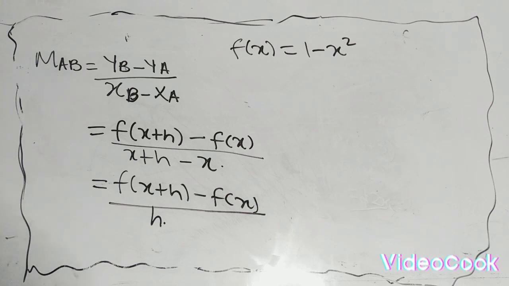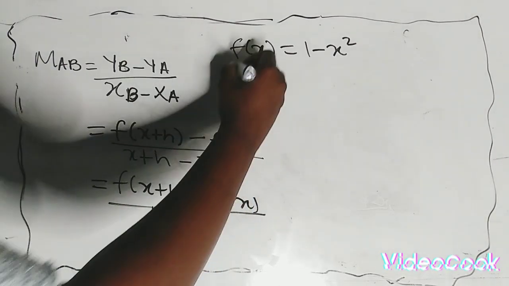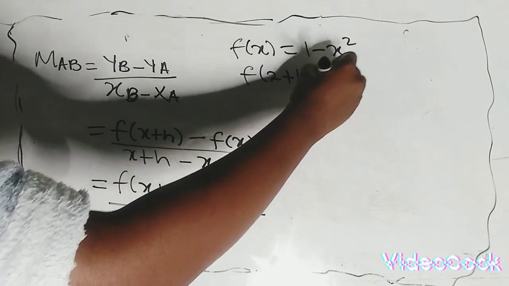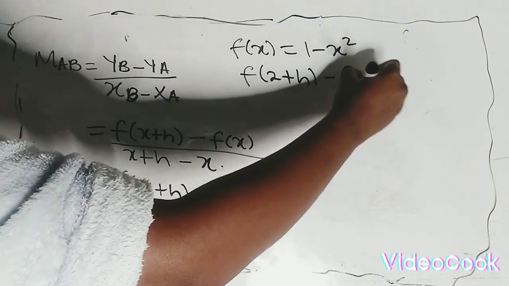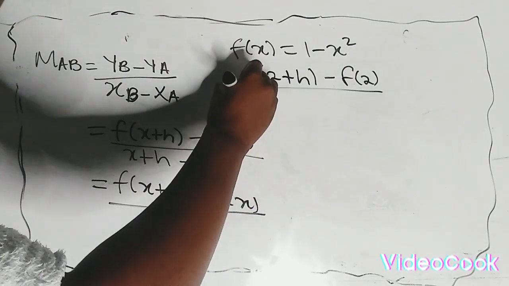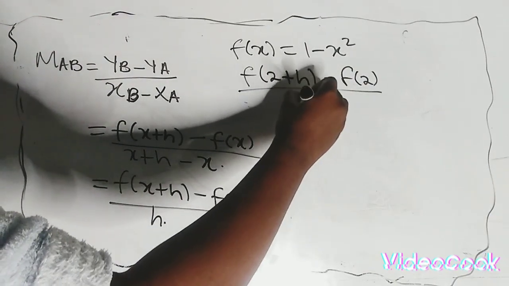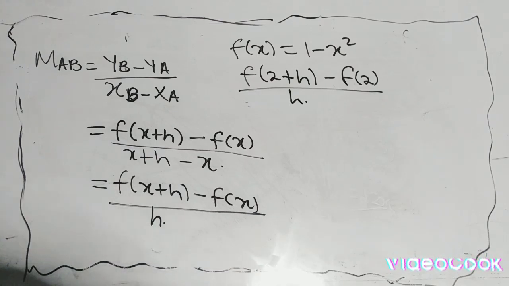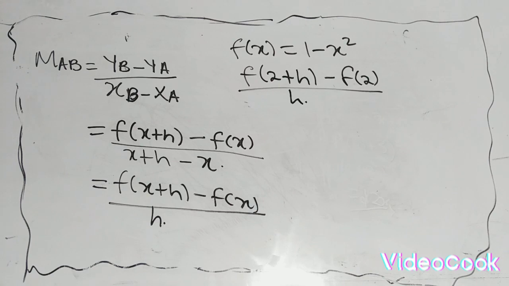They say determine f of 2 plus h minus f of 2, all divided by h. What do they want there? Determine f of 2 plus h minus f of 2 all over h.